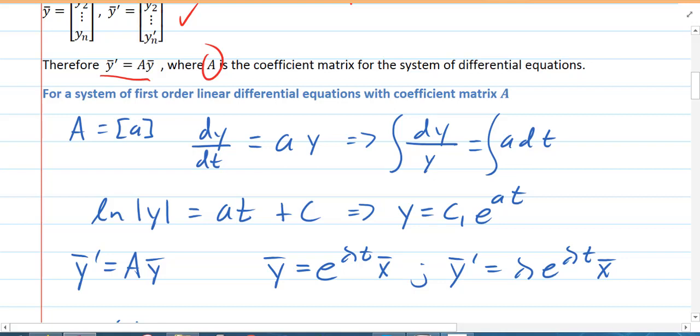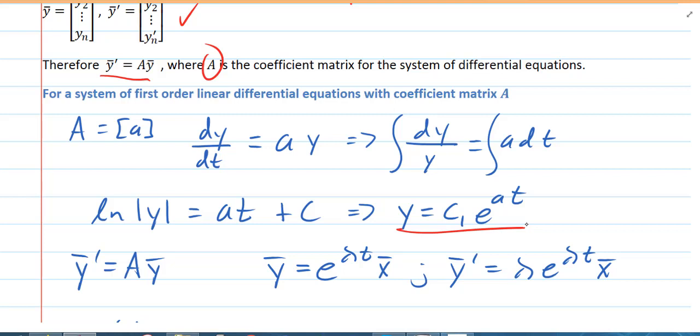Separate the variables, integrate, exponentiate for simplification, and we get y equals c1 e to the at. And if you remember from differential equations, you might have two of those, a1 and a2, roots of the characteristic equation. If you have a second order differential equation, you'd have two roots, third order three, and so on.